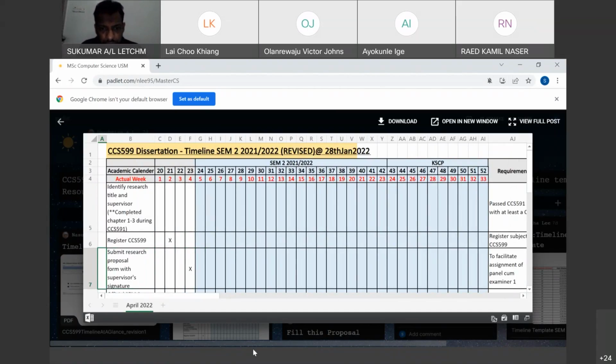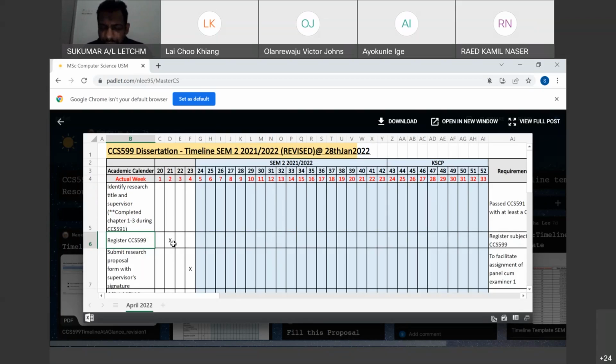The one that you mentioned earlier, in row 6, register CCS599, does it mean we pay the fee and everything? This register CCS599 is something that you do payment for. Normally you register the subject. Then we make the payment and everything. That's the payment time and things like that.